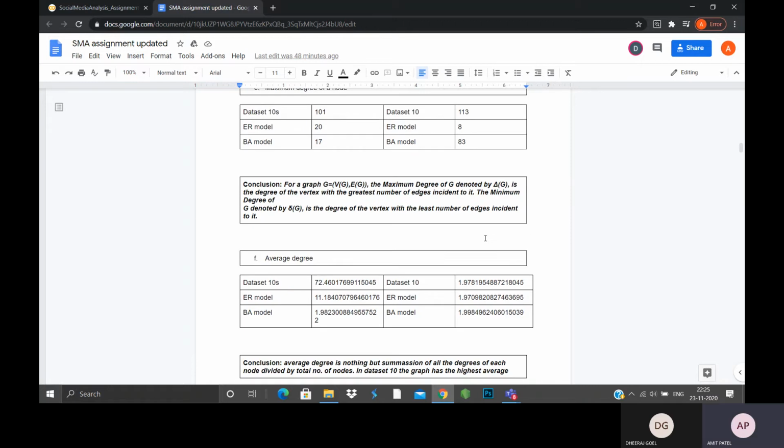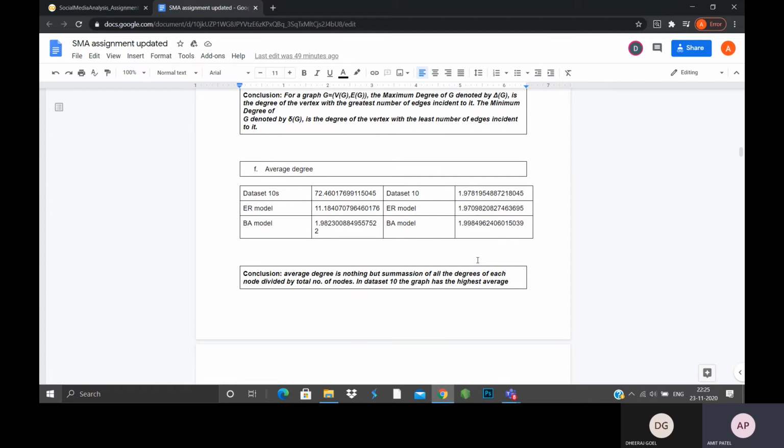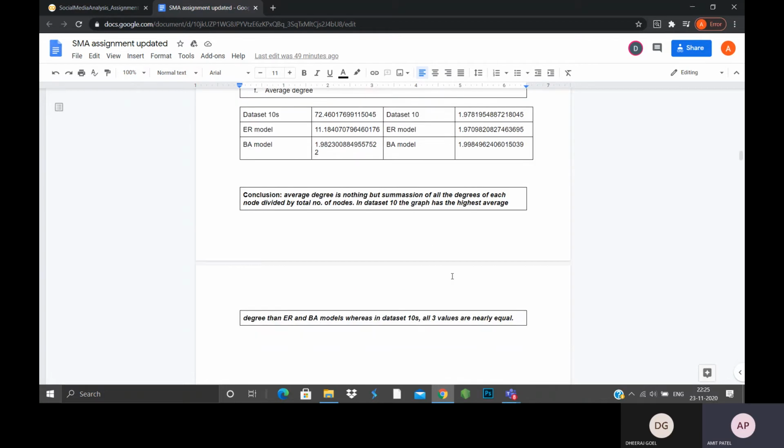For the average degree, we add up all the degrees and divide by the number of nodes, then we get these numbers. As you can see, it's close enough, as this dataset mimics real-world problems. Hence, these numbers are expected, right?